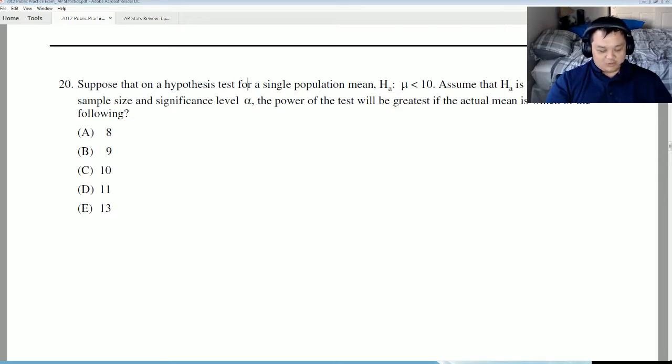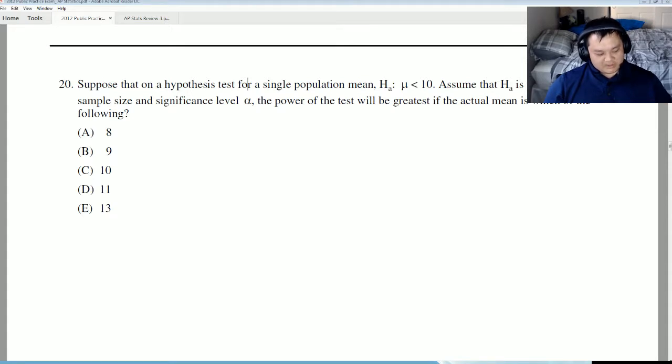Come on, I told you to memorize this. I'll say it is A. Correct.